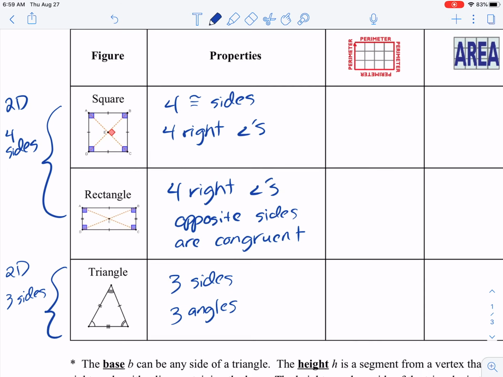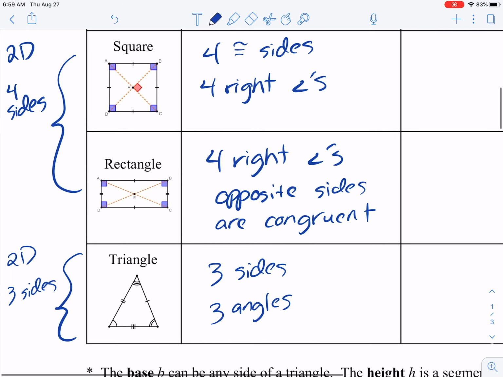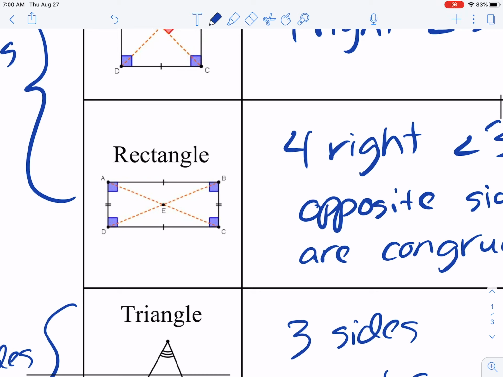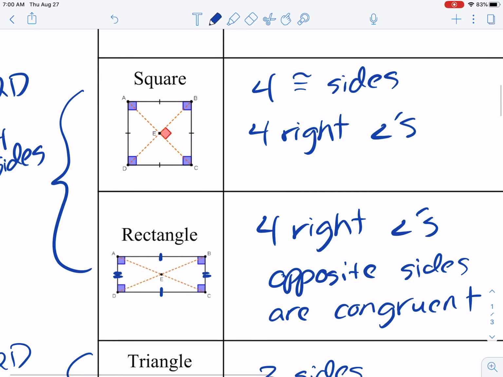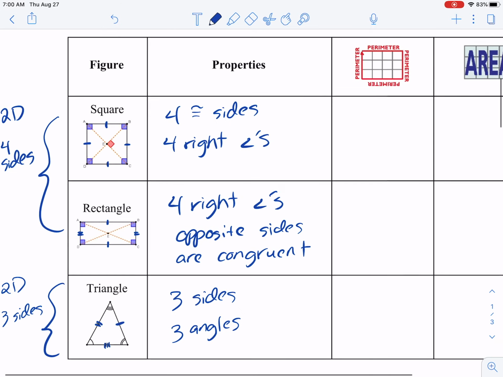And then you can zoom in here and see these congruent markings that we have. If there's 1 marking, 2 marks, and then 3 marks here, it's showing you all the side lengths are different for this triangle. You can see for your rectangle, opposite sides are congruent, right? These opposite segments with the same number of congruent markings. And then for a square, 1 mark on each shows you all 4 sides are congruent.